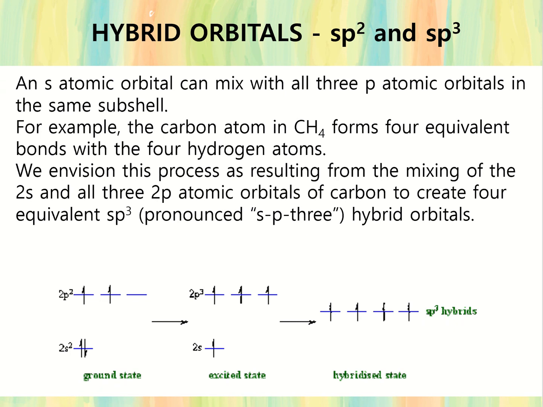For example, the carbon atom of methane forms four equivalent bonds with the four hydrogen atoms. We envision this process as resulting from the mixing of the 2s and all three 2p atomic orbitals of carbon to create four equivalent sp3 hybrid orbitals.